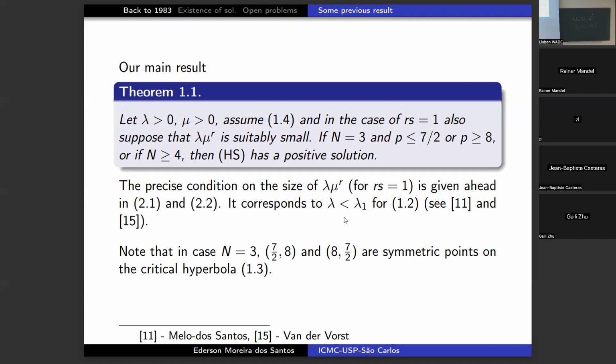we must notice that the pairs (7/2, 8) and (8, 7/2) are symmetric points on the critical hyperbola.